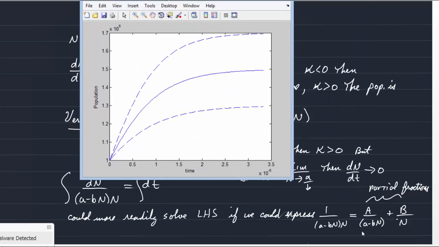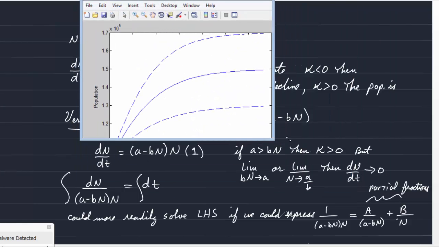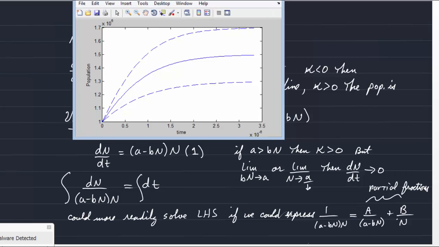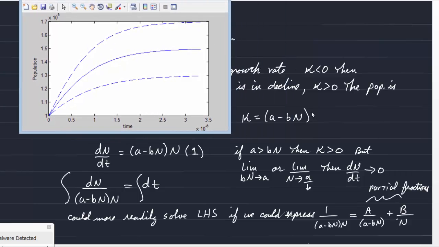Let me look at this together with this equation. Remember, kappa started off being maximal because the population was minimal, and that's seen by this steep growth rate.